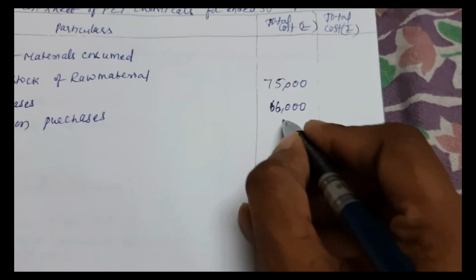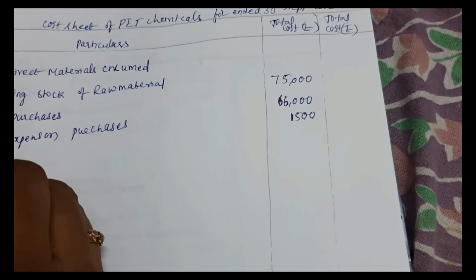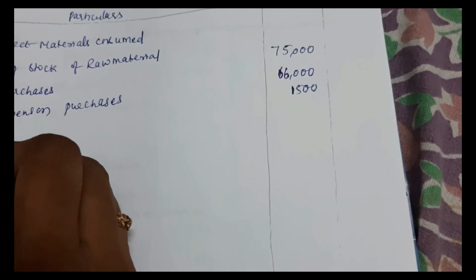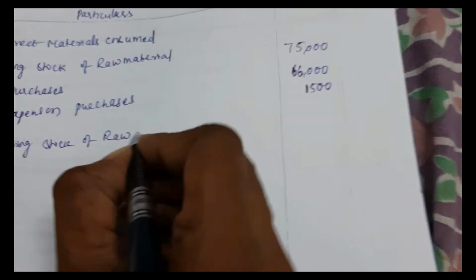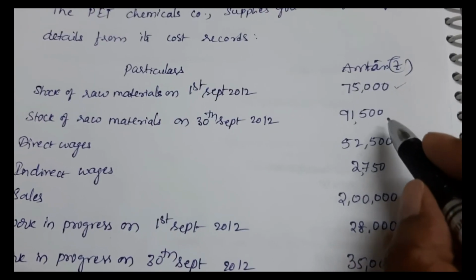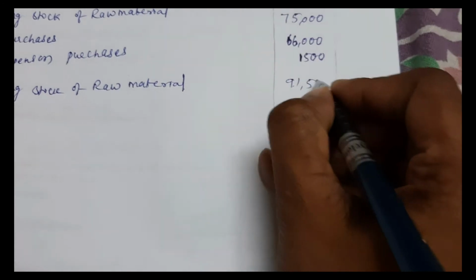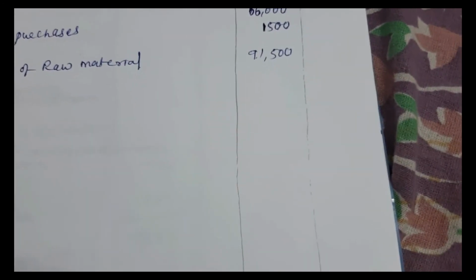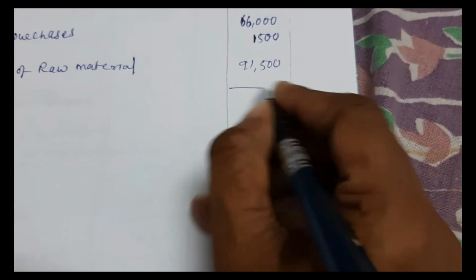So add 1500. And from this we should deduct closing stock of raw material, which is given 91,500. And we will get 51,000.